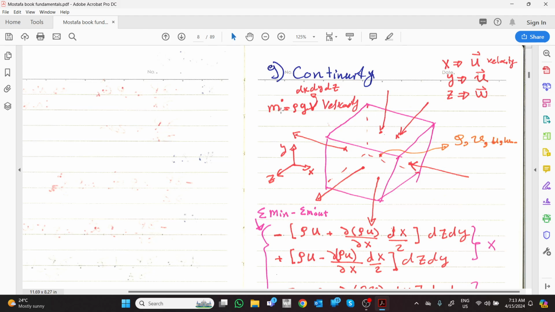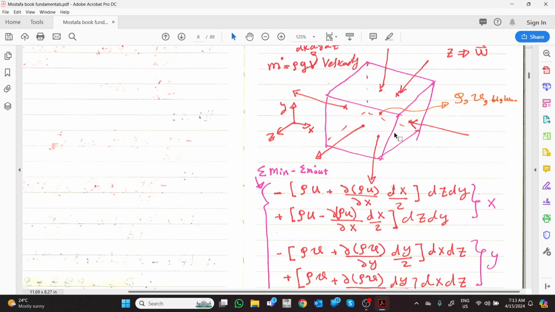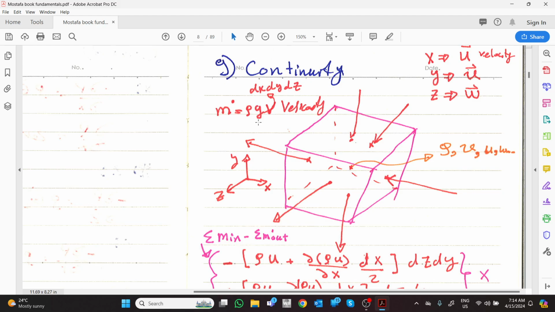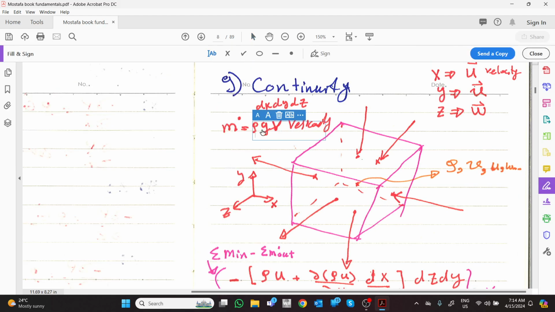And the mass flow rate is equal to density multiplied by the area multiplied by the velocity, if you remember from fluids, but it is very simple. There's no g here.